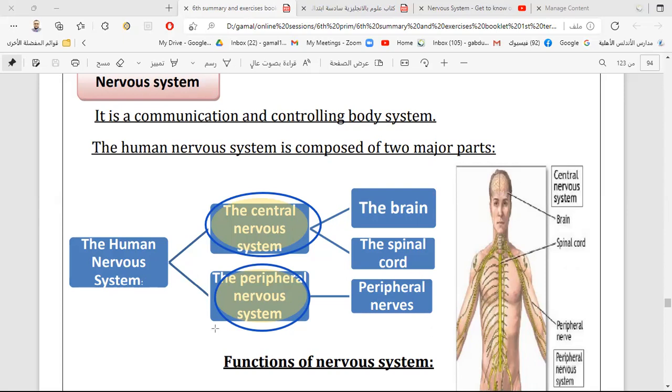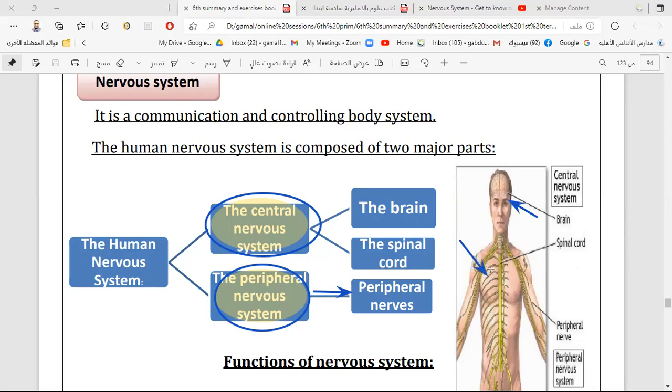And we also have the peripheral nervous system. It contains many nerves. Some of them come from the brain, and some of them come from the spinal cord.